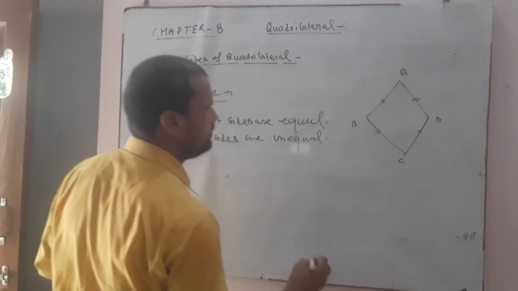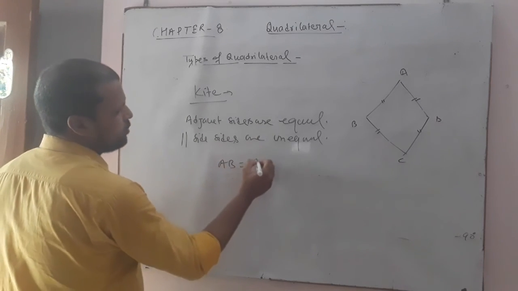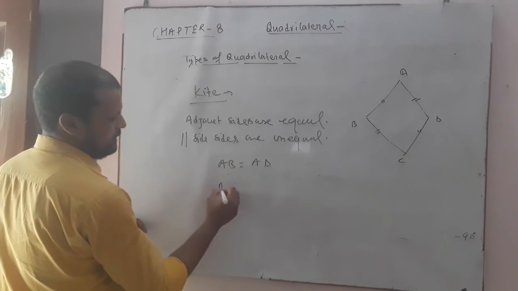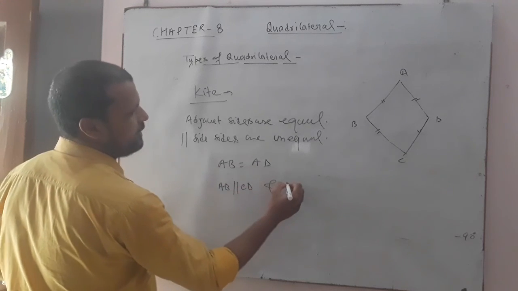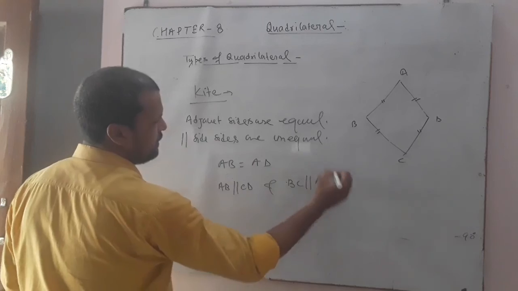Here AB equals AD, and AB parallel to CD and BC parallel to AD.